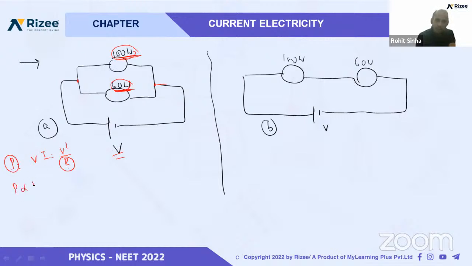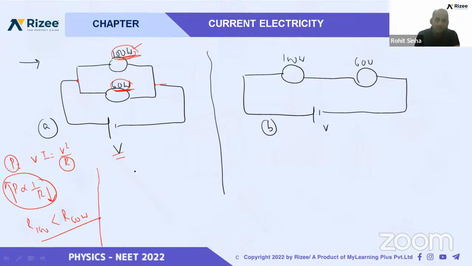Power is inversely proportional to R for any device. For a device having more power, its R will be less. So since the 100-watt has more power, the resistance of the 100-watt is less than the resistance of the 60-watt.